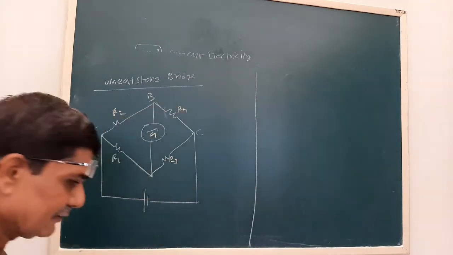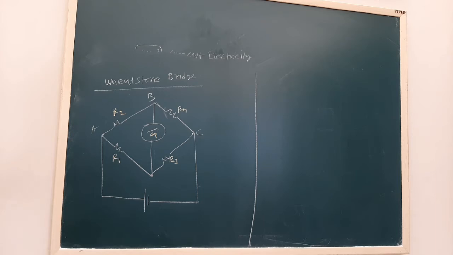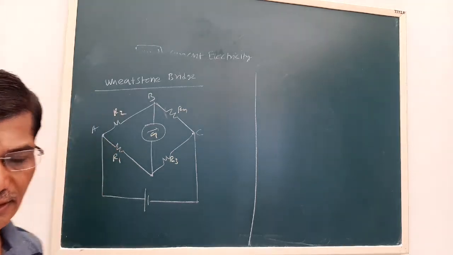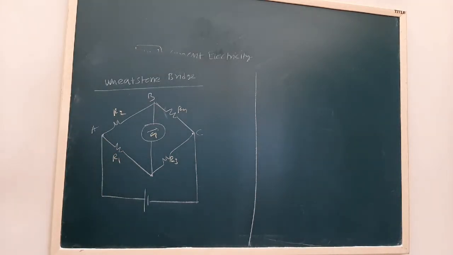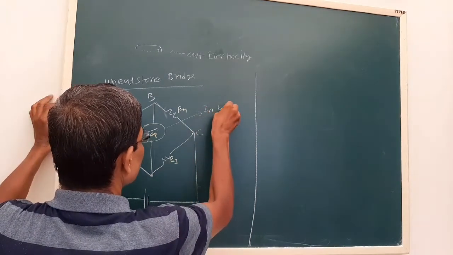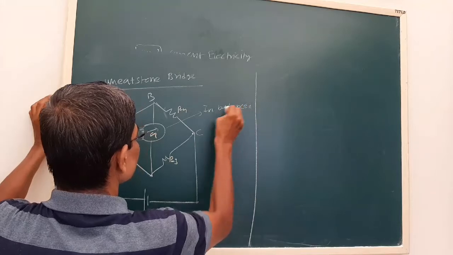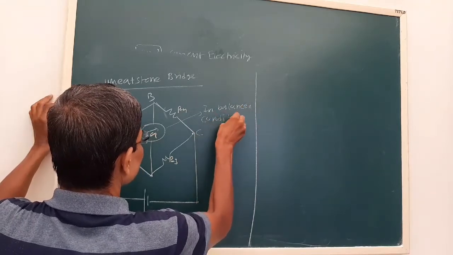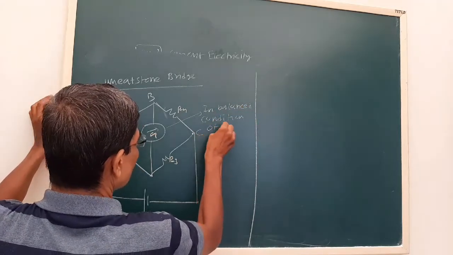Whenever the Wheatstone bridge is in the balanced condition, the current through the galvanometer is 0. The galvanometer is a current sensitive device. It is used to detect the current in the circuit. Now we have to derive the condition for balance of the Wheatstone bridge.